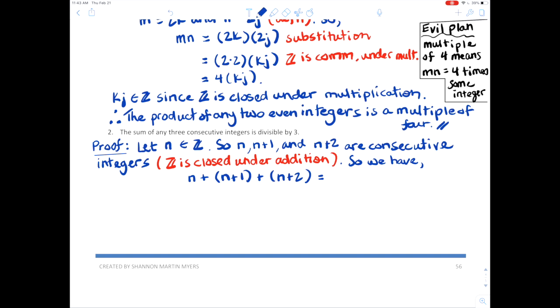So when I simplify that, right, and use algebra to simplify, what do I get? Beautiful. I get 3n plus 3. And what can I do? I can use that distributive property, right? To write this as 3 times n plus 1. And that I can do because the set of integers is distributive.